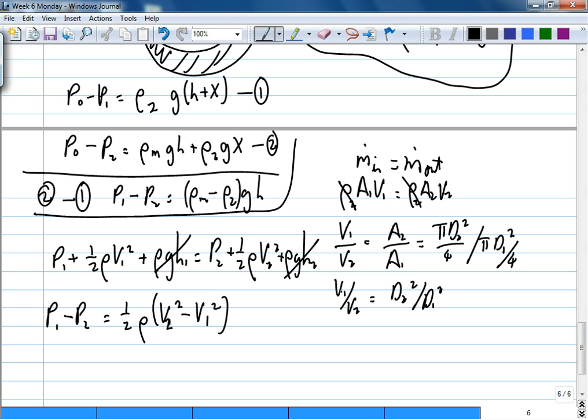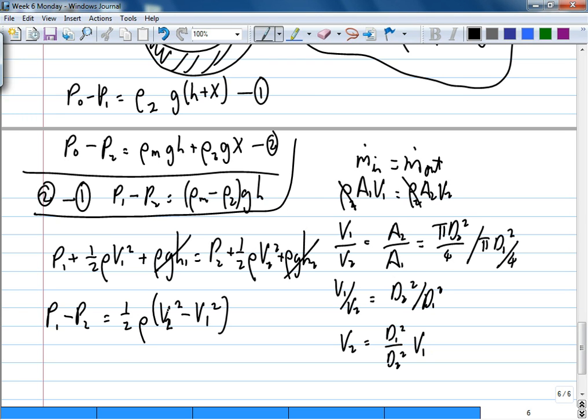Then this depends. Do you want it in terms of V1 or in terms of V2? In terms of V1, since V1 is the main part. So V2 is equal to D1 squared over D2 squared times V1.